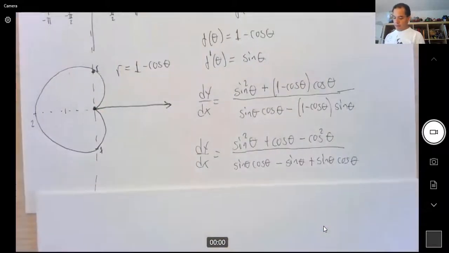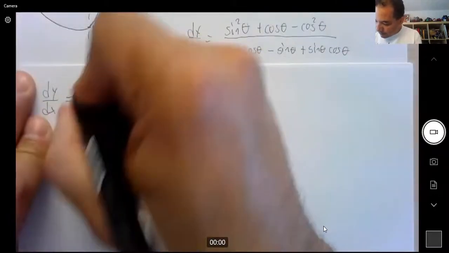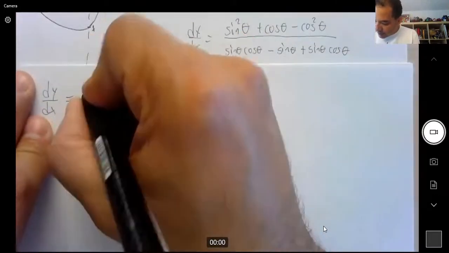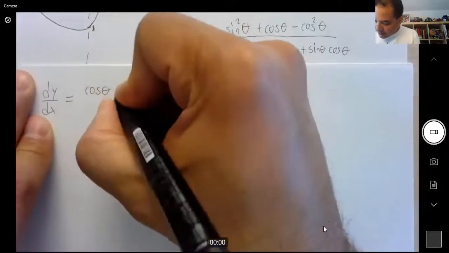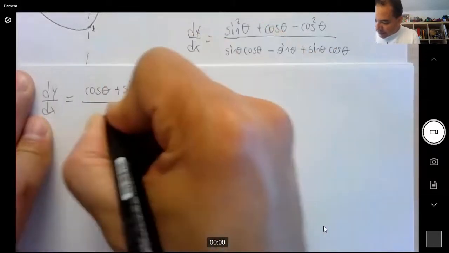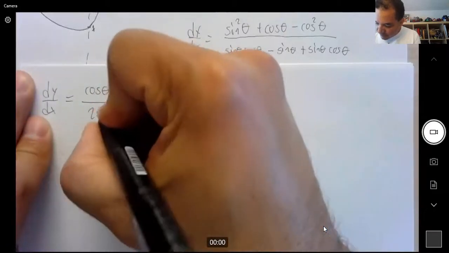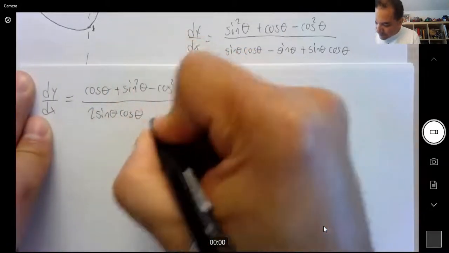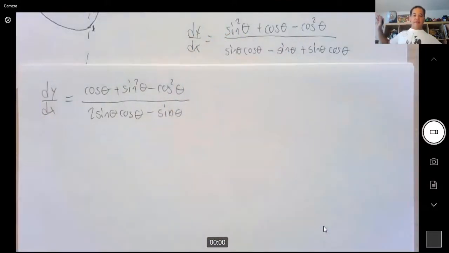So let's write it as cosine theta plus sine squared theta minus cosine squared theta, divided by, and what do we have in the bottom? In the bottom is 2 sine theta cosine theta minus sine theta. All right, so that's the derivative, right? So we're halfway there. We just figured out what the derivative is.